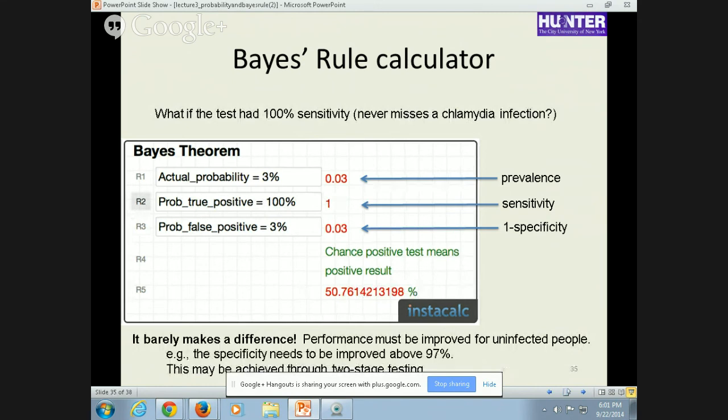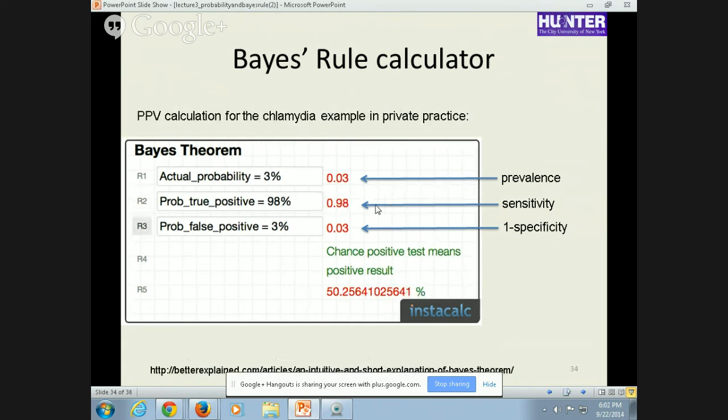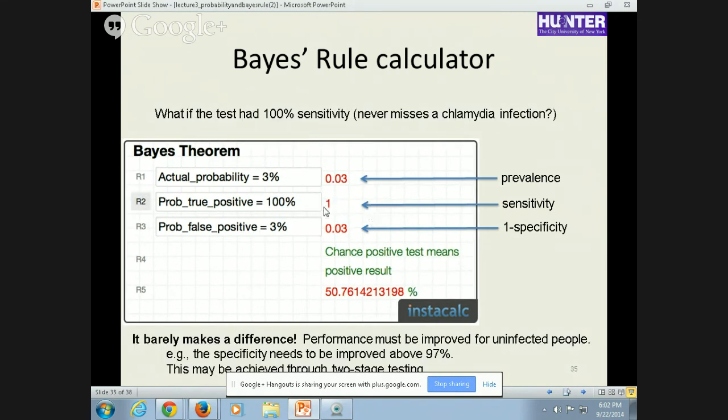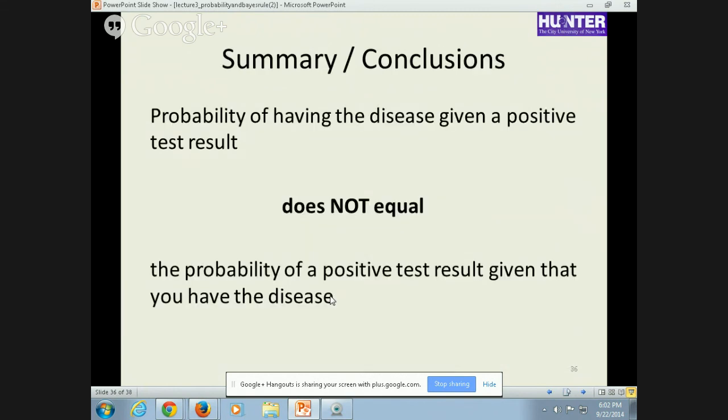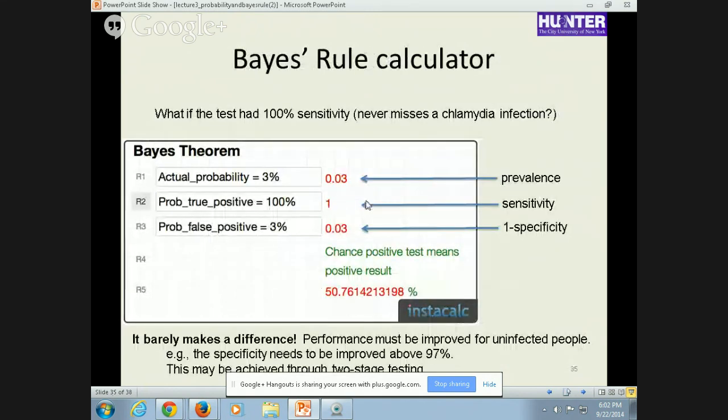You'll notice that with a sensitivity of 0.98, you can go up to 100% and it doesn't really improve your PPV. In order to improve your PPV, you need to improve your false positive rate, your 1 minus specificity.